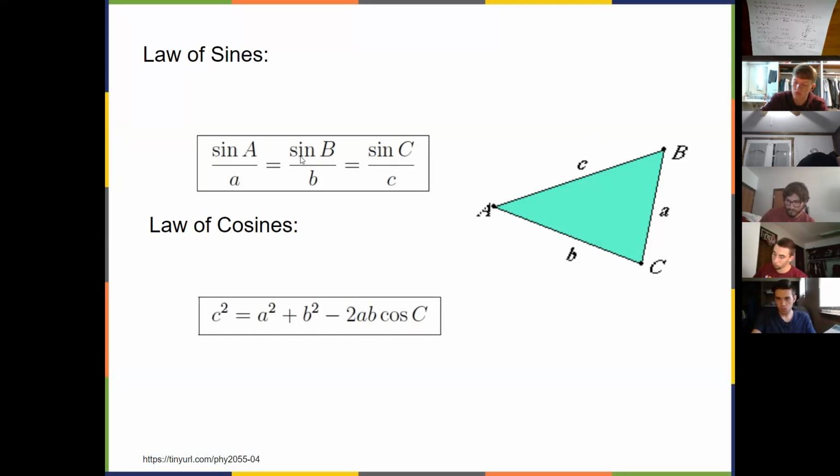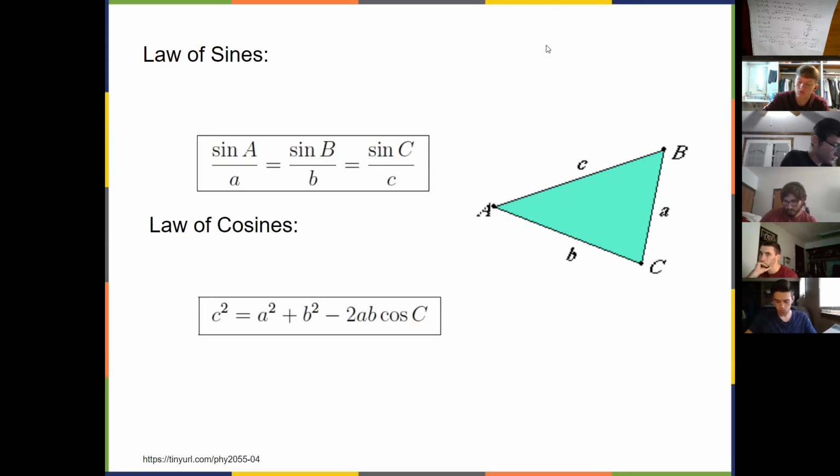Most of the time, you just need two sides of the equation. You can set sin A over a equal to sin B over b, or sin A over a equal to sin C over c, or sin B over b equal to sin C over c. The law of cosines says c squared, the opposite side squared, equals a squared plus b squared minus 2ab cos C. That's the law of cosines.